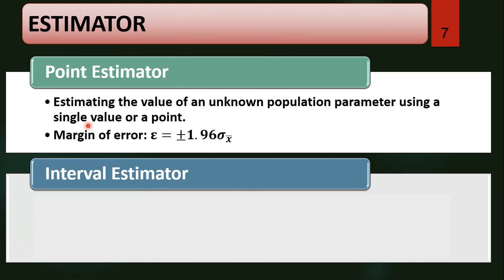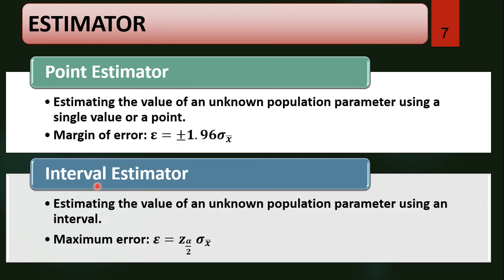The error associated with the point estimator, we call the margin of error, which is equal to plus minus 1.96 sigma of X bar, which is the standard deviation of the sample mean, equal to the population standard deviation divided by the square root of n.